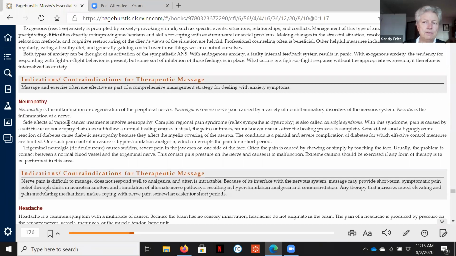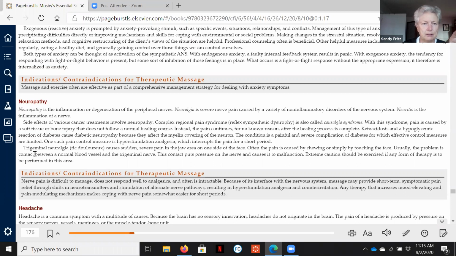Now, neuropathy is very difficult to manage, and it's common with diabetes, and it's a persistent, hot, cold, tingly sensation that usually is in the periphery, but can be anywhere, and very, very difficult to treat.